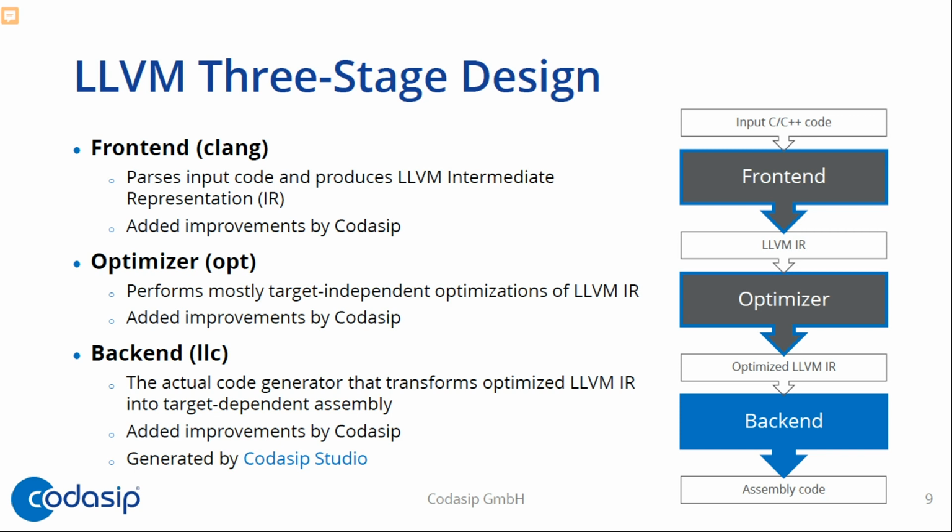And most importantly, there is the backend, the LLC, and the backend itself is actually generated by Studio. So it's open. You can see the output. You can change the output if you want. You can add your things into the backend if you want. And not only that, you can add your passes into the front end or optimizer as well, because we have certain hooks that you can use to add your optimizations to your architecture if you have something already implemented in the LLVM domain.